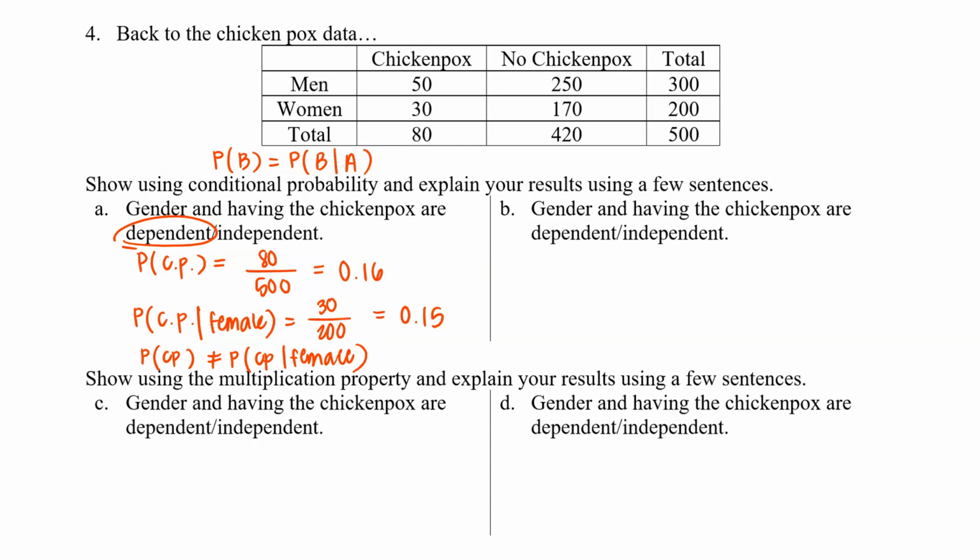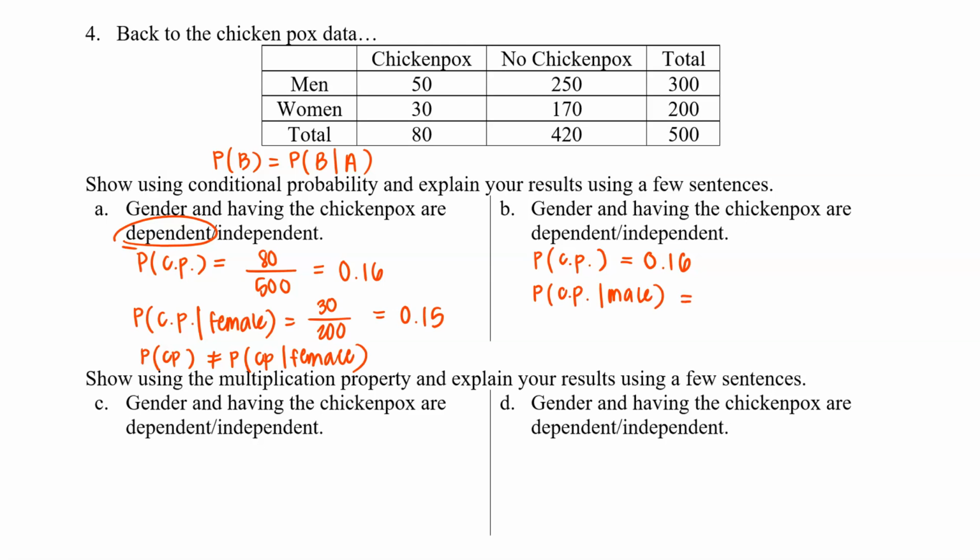Letter B, you're asked to do the same example. You can choose whatever events that you want within this. However, we'll just be consistent and check the other gender. The probability of having chickenpox we already found from the previous example as 0.16. The probability of having chickenpox given male.